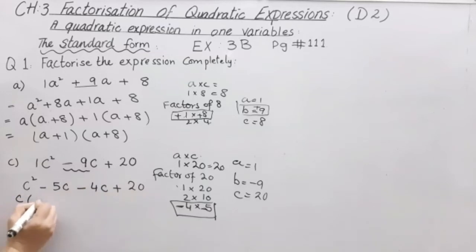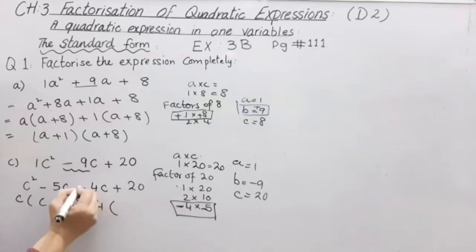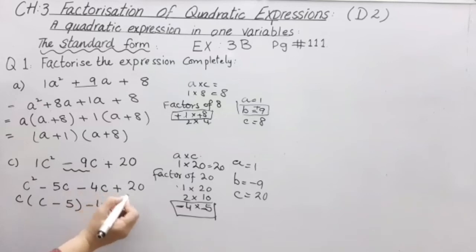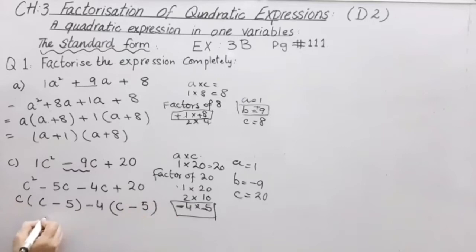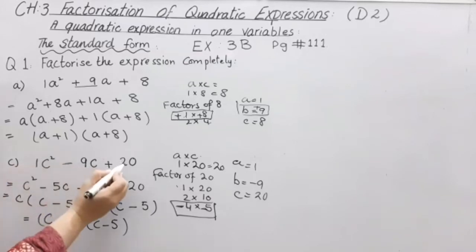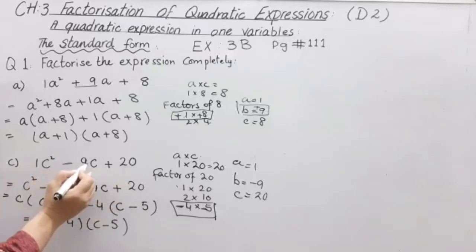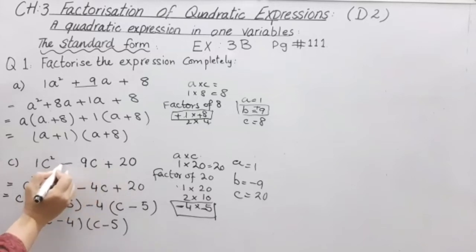Taking common c from here, c minus 5; minus 4 comes from here, c stays there, and minus 4 times minus 5 is plus 20. So we get c minus 4 and c minus 5 as the factorization of this expression. So remember, always multiply a into c, and then with the factors of them we get b with its sign.